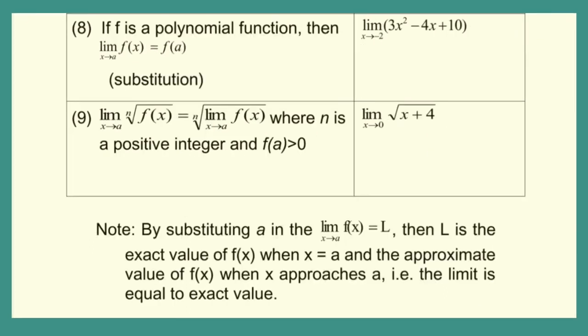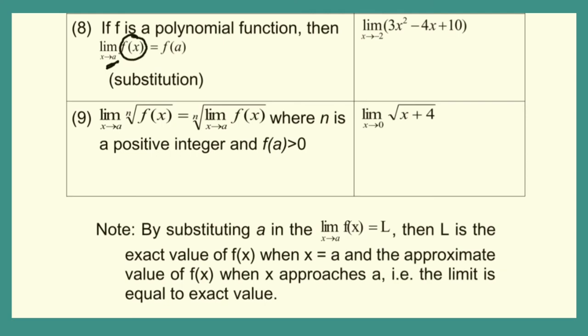Property number 8. If f is a polynomial function, then limit of f(x) as x approaches a is equal to f(a). This is by using substitution. Substitute the value of x equal to a into the function f(x).